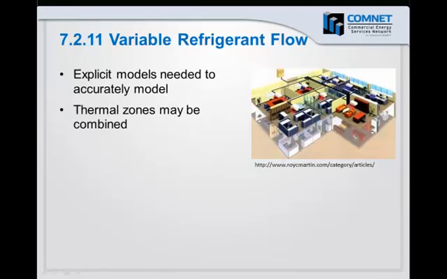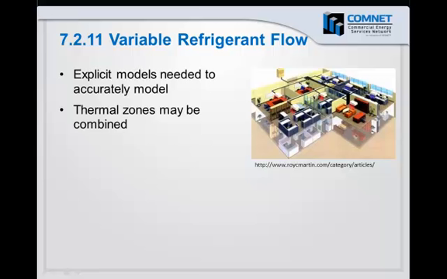Then the last one I'll mention is variable refrigerant flow. These are systems where there's one compressor and condenser, but multiple evaporators, each with their fans, spread out through the space.